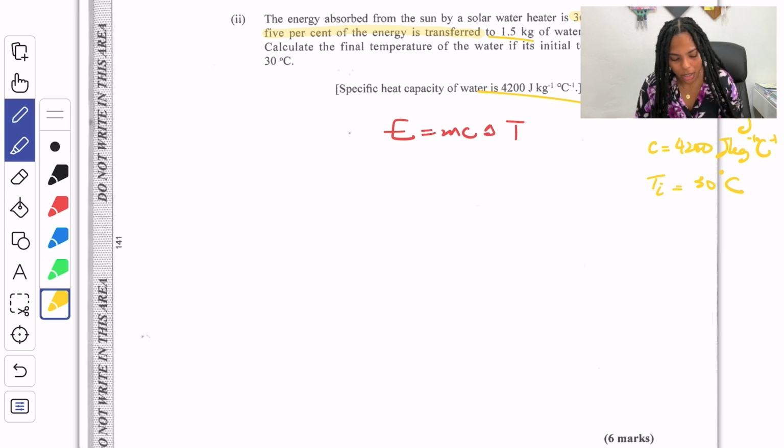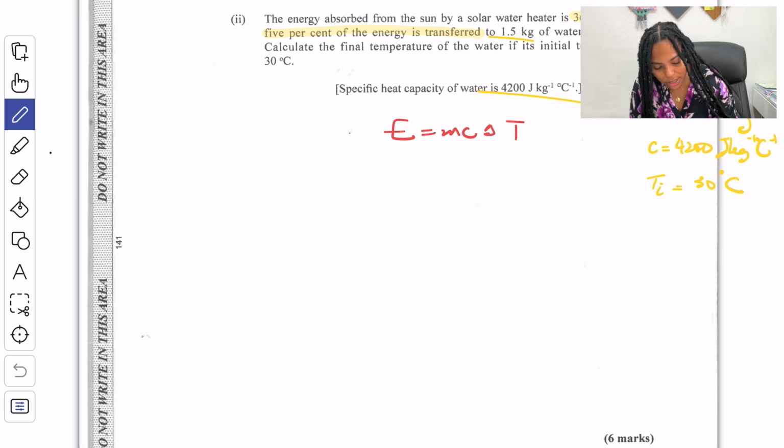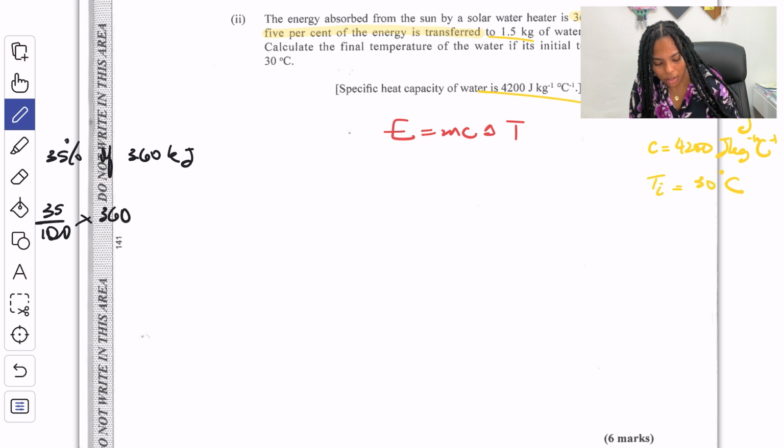So for some reason I read this first as 35% that isn't transferred, but 35% is transferred, so I'll have to find 35% of 360 kilojoules, and we know kilo means 1000 or times 10 to the power 3, so 35% of 360, and I'll slap on 3 zeros, or I could put times 10 to the power 3.